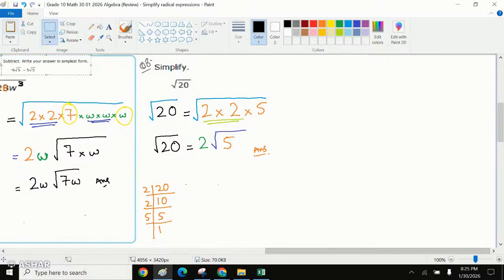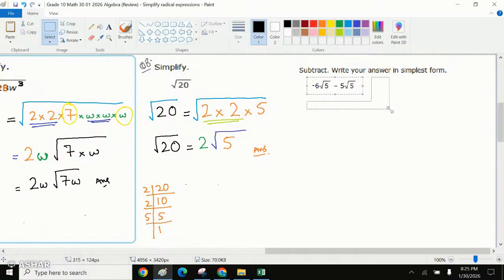Question number 9. Okay, this is our question number 9. What they want us to do is subtract the variables which have radicals on them. It says minus 6 root 5 minus 5 root 5.